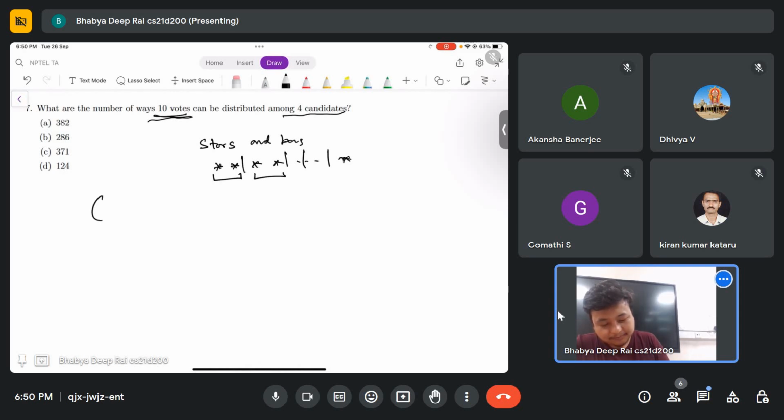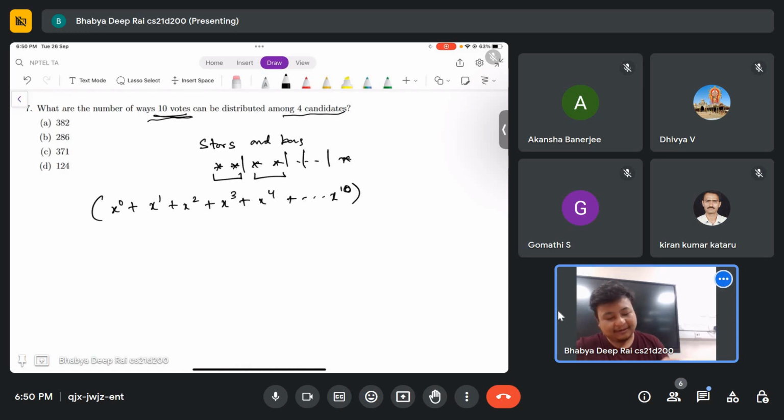The first candidate can get 0 votes, which is represented by x to the 0, or he can get 1 vote, or 2 votes, or 3 votes, 4, and so on until he gets 10 votes, not more than that.